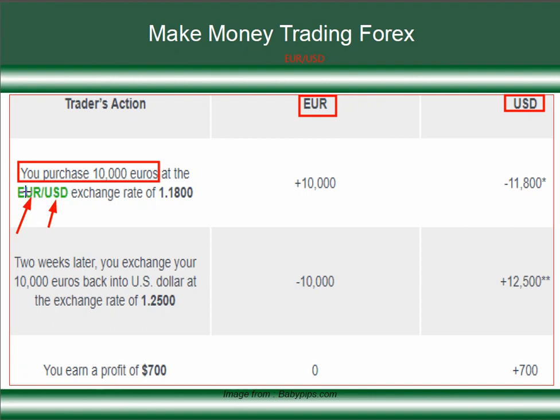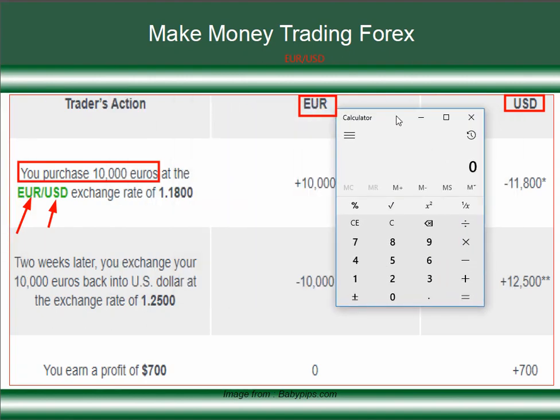For every 1 euro, how many USDs do you need? In this case, it means for every euro, you need 1.1800 USDs. Pull out your calculator and you will notice, if we have to do this, let's see whether we can do this calculation here. Let me pull out my calculator.